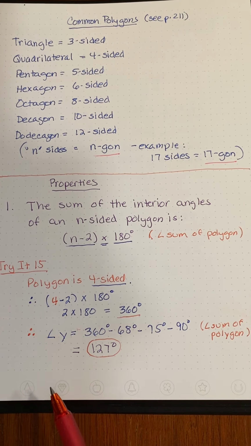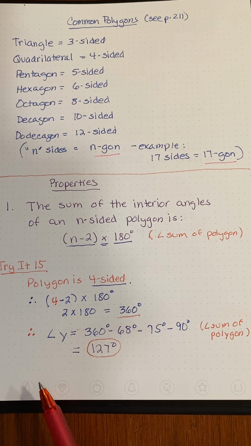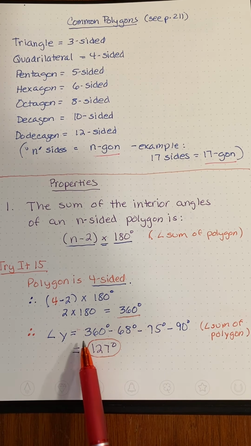Therefore, if I look at it, I have a measure at angle P of 68, at angle Q 75 degrees, and then at angle R I have the right angle symbol, which is worth 90 degrees. So at that point, angle Y is simply going to be 360, the total of all the angles, minus the 3 angles that are given.